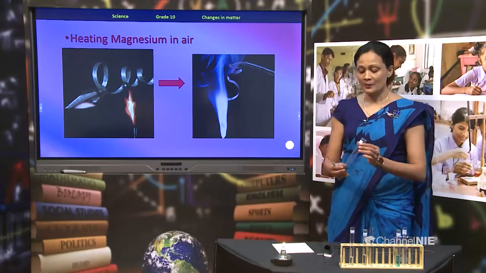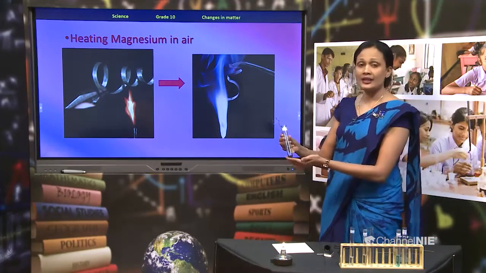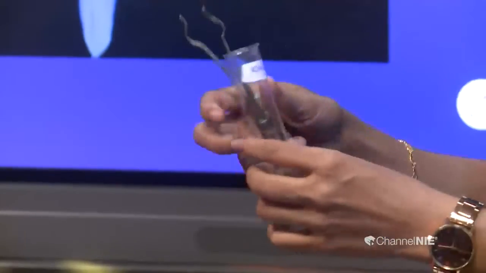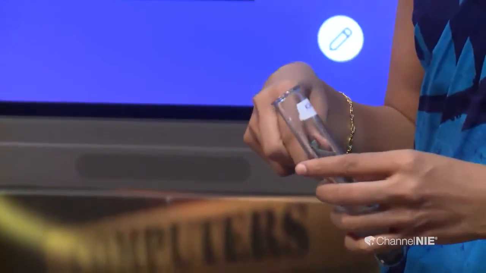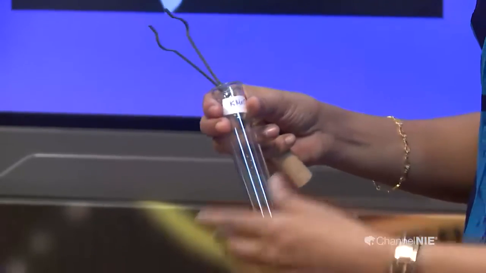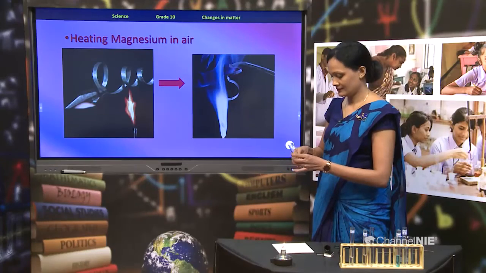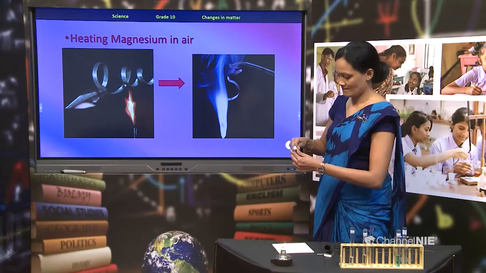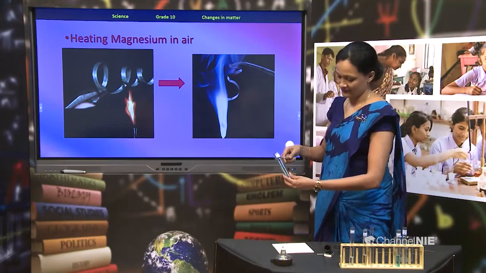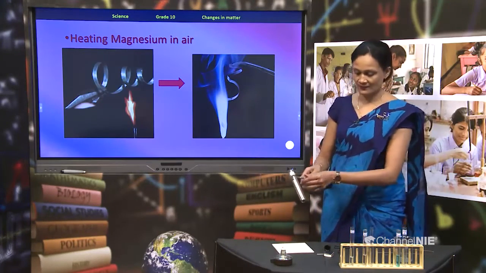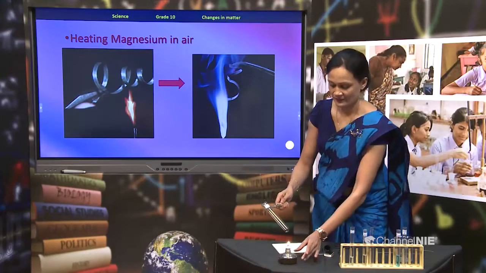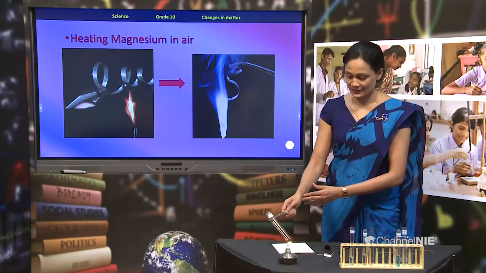I put potassium permanganate into a boiling tube. Then I am going to heat it under the flame. Now observe it carefully.